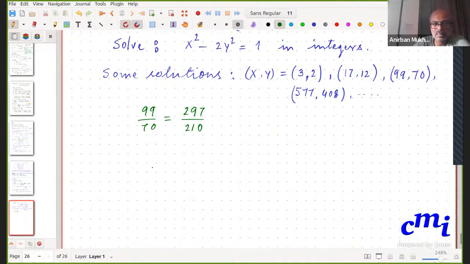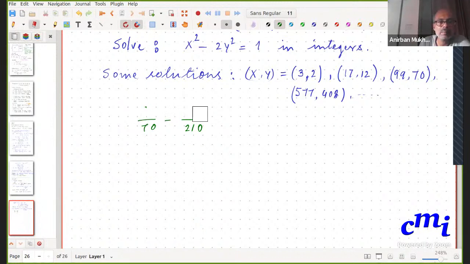So let's try to see if convergents of square root of 2 solve this equation or not. Let me make a table. So 2 is involved in the equation, that we can see. It's x square minus 2y square equal to 1. So convergents, a priori unrelated information, of course, so we would relate it.